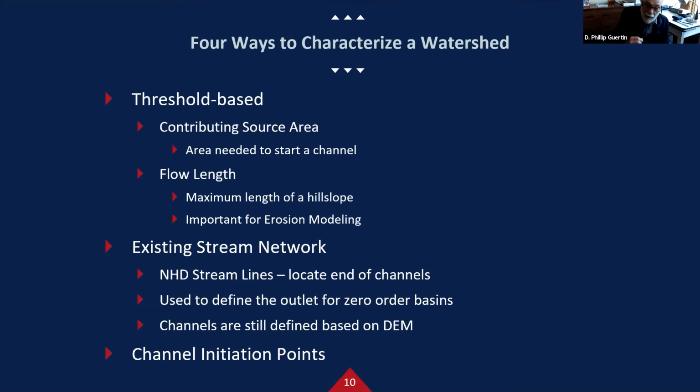But we still define the channels using a DEM. And occasionally we insert where we want a channel to start. A good example is when we have very small stock ponds in the upper part of the watershed, and we want to model from those stock ponds. So we may want to say that stock pond will be the start of our channel network.